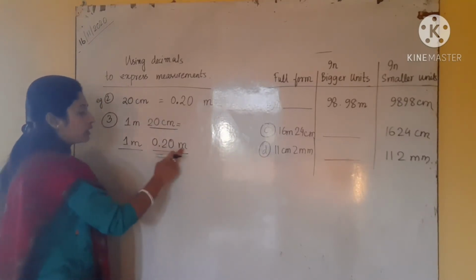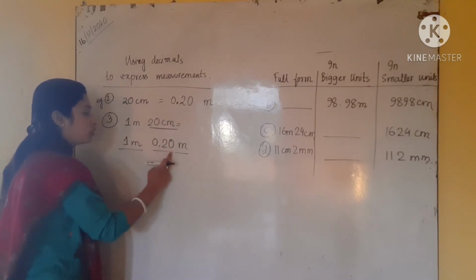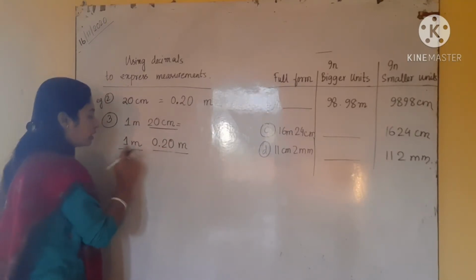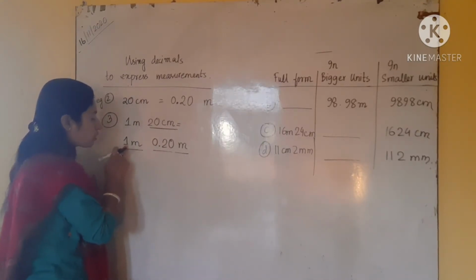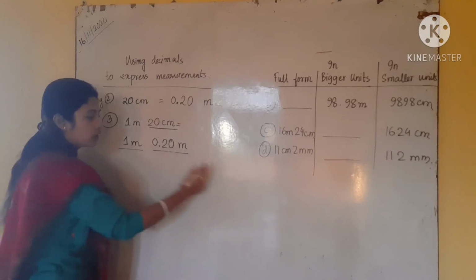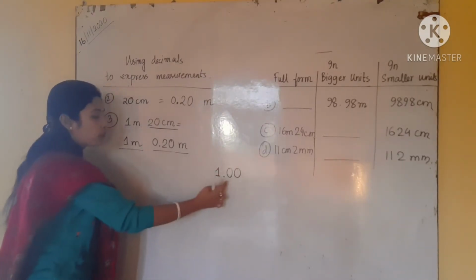That means they are having the same unit. So whenever the unit is same, just add the 2 numbers. How to add the 2 numbers? See, already we know how to add decimal numbers. If this is not a decimal number, then we have to make it. We can write 1 is equal to 1.00.